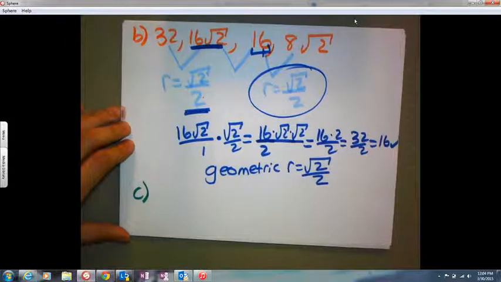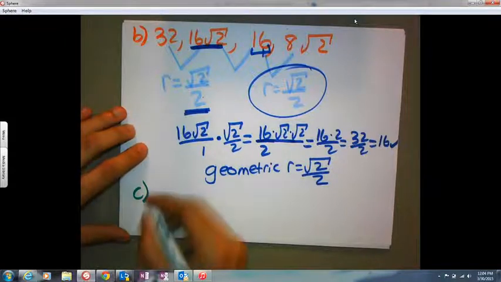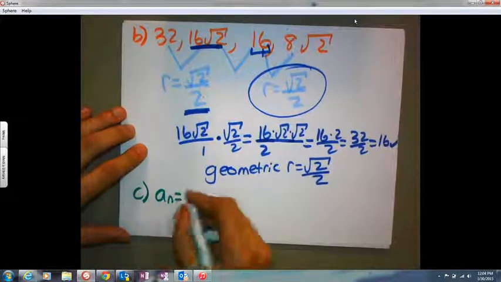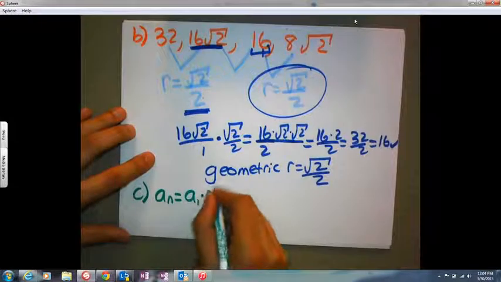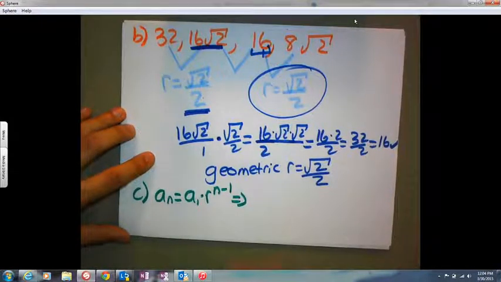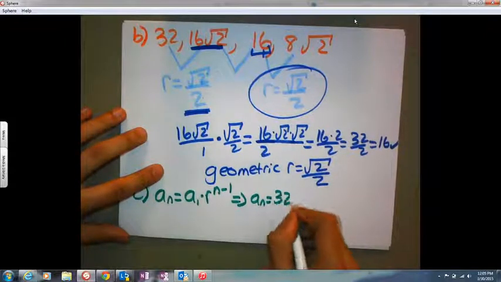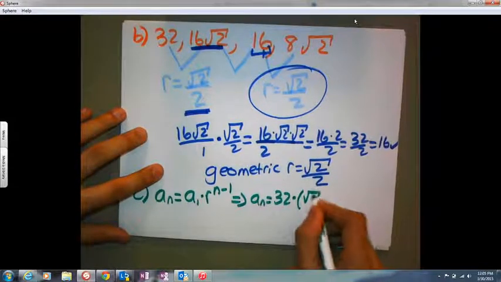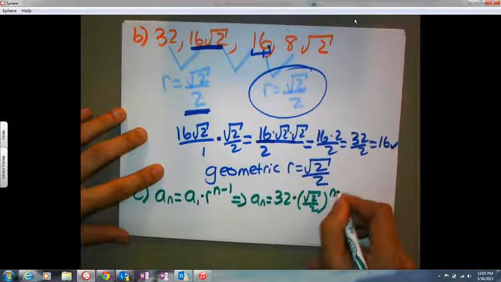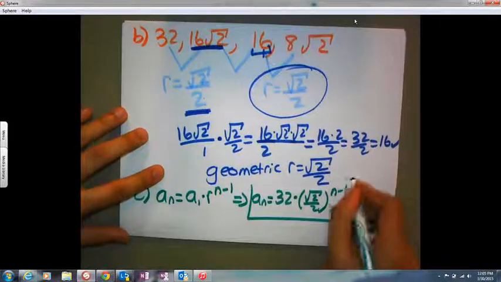So for geometric, nth term is an equals a1 times r to the n minus 1. So an equals a1 times r to the n minus 1. Questions?